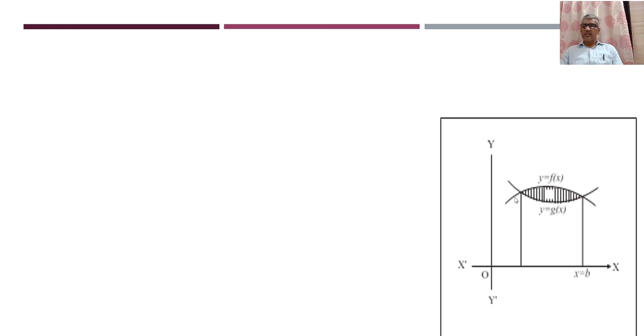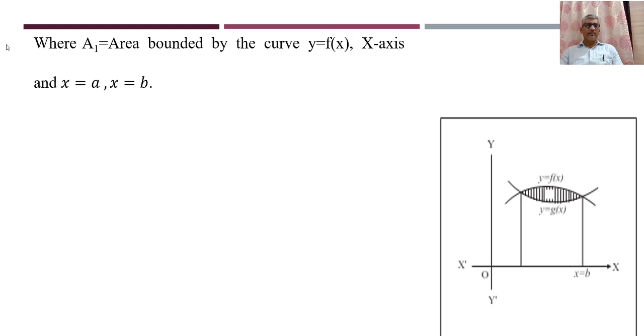Here, first, a1 is the area like this. This is the a1 area. It is bounded by the curve y equal to f of x, the x axis, x equal to a and x equal to b, like this. Here x equal to a is missing in the figure.